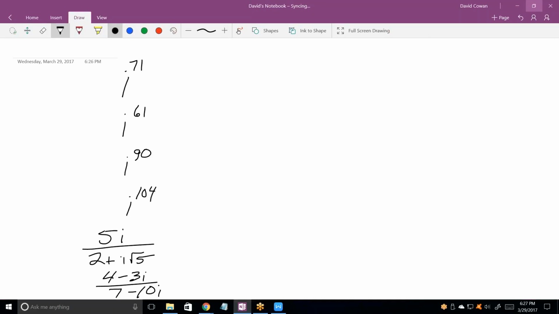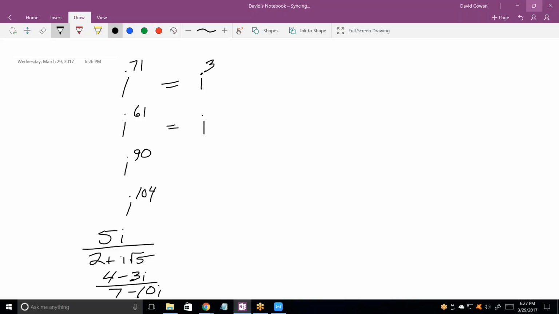What's i to the 71st power? Same as -i. Well, don't use negatives. Divide it by 4, and whatever your remainder is, that's what the answer is. The remainder is i to the third. What's i to the 61st?